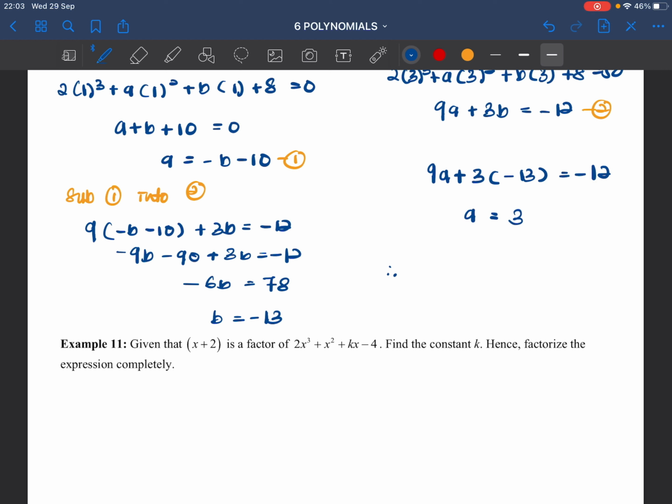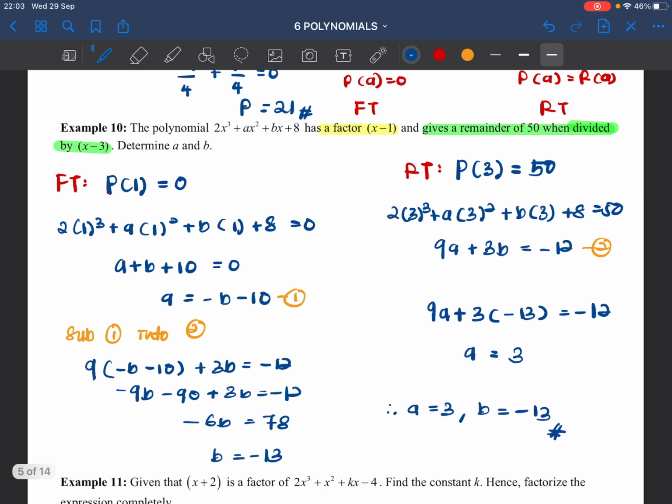And now you are going to get your final answer. A is equals to 3, B equals to negative 13. Make sure you conclude your answer. Okay, so that is how you use the remainder theorem and factor theorem in one question.